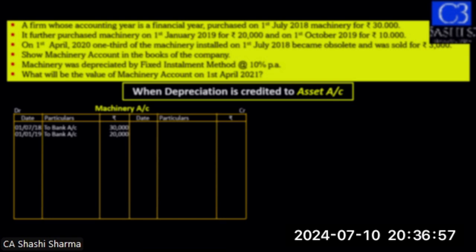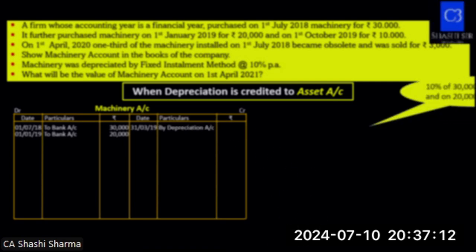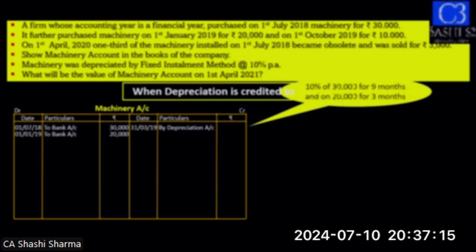So depreciation will be calculated and machinery account will be credited. So here we go by depreciation. And the amount will be 2750.